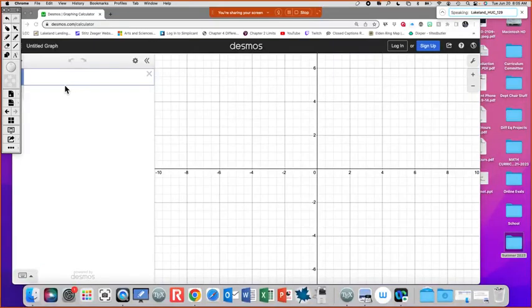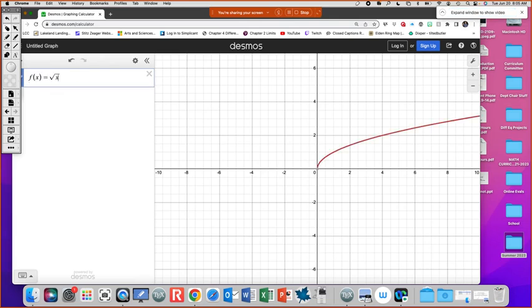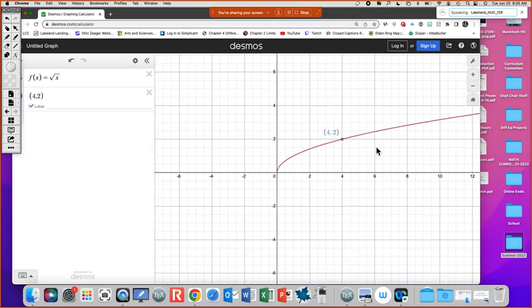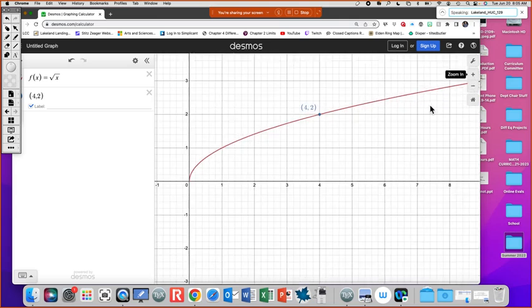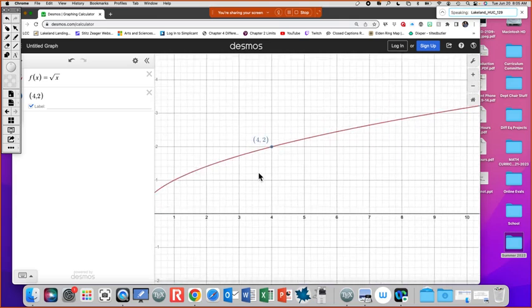So let's go ahead and fire up Desmos here. And let's look at the point 4, 2, because that's the point that we know about. And let's zoom in here. Now, looking at this graph, is this graph a line?